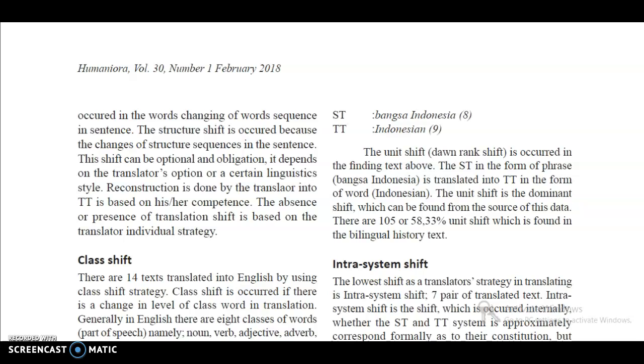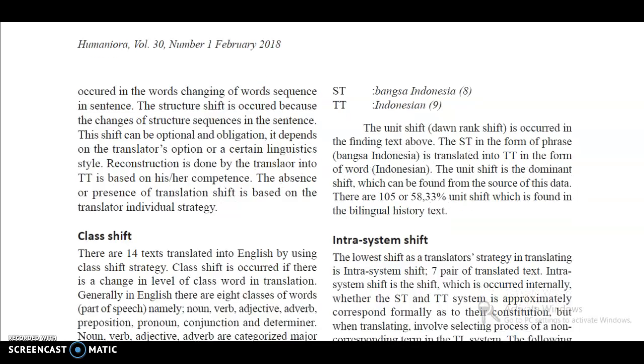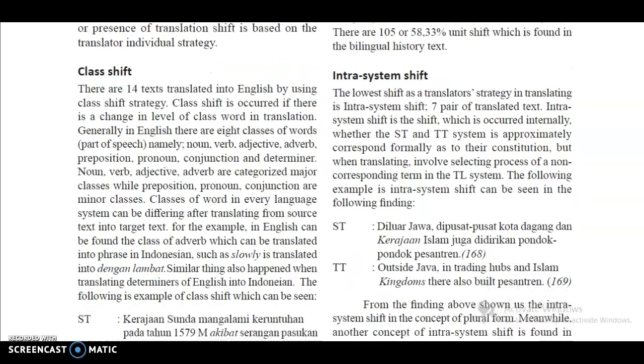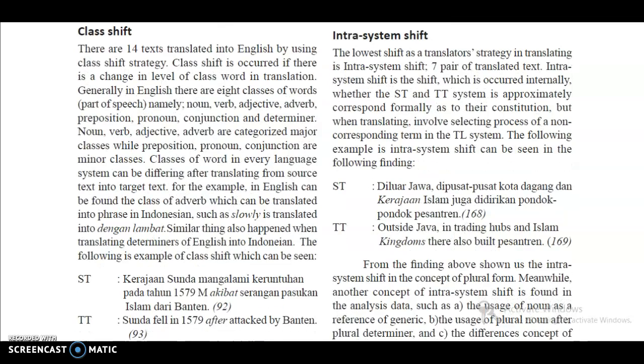So this is the finding in this article. I hope you understand the example of down rank shift. Now we continue to the next shift, intra-system shift. Intra-system shift is the lowest shift used as a translator strategy in this article.